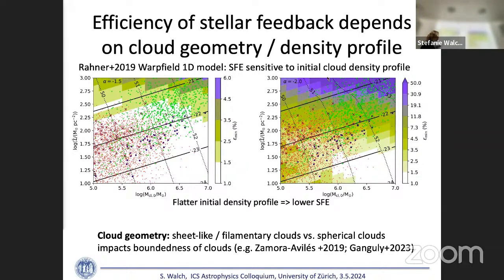So here the blue is 6%. So it means that if you go a little bit flatter, you're actually quite inefficiently forming stars, with just 1% or so, as we expected. But if you go to slightly steeper density profiles and high surface densities, so we want to look up here, 100 and above, then again, we get this more than 50% star formation efficiency.